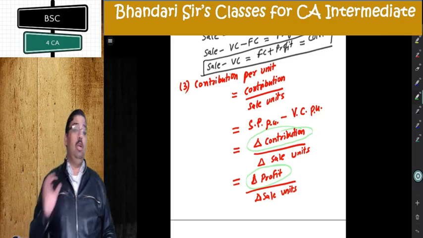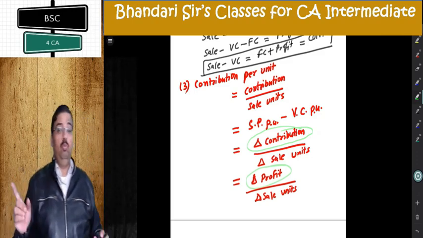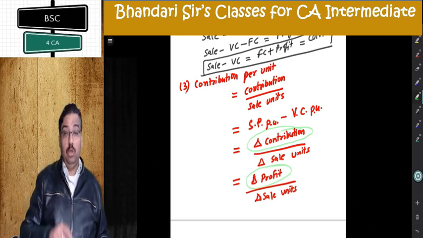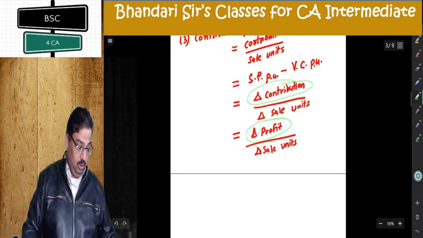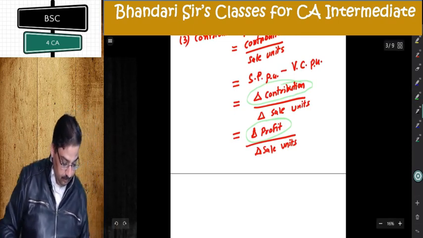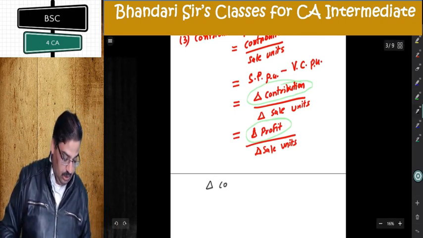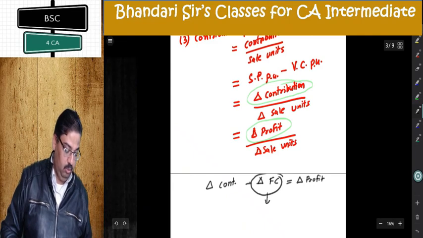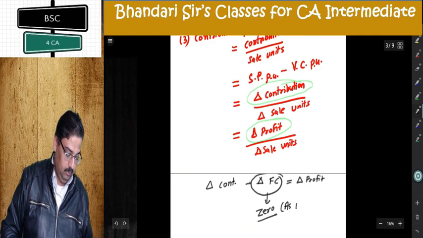Do I want to say contribution and profit are the same? No. I'm only saying change in contribution is equal to change in profit. Just note this. How did I get this? Change in contribution minus change in fixed cost is change in profit. Normally this is 0, as per assumption number 1.